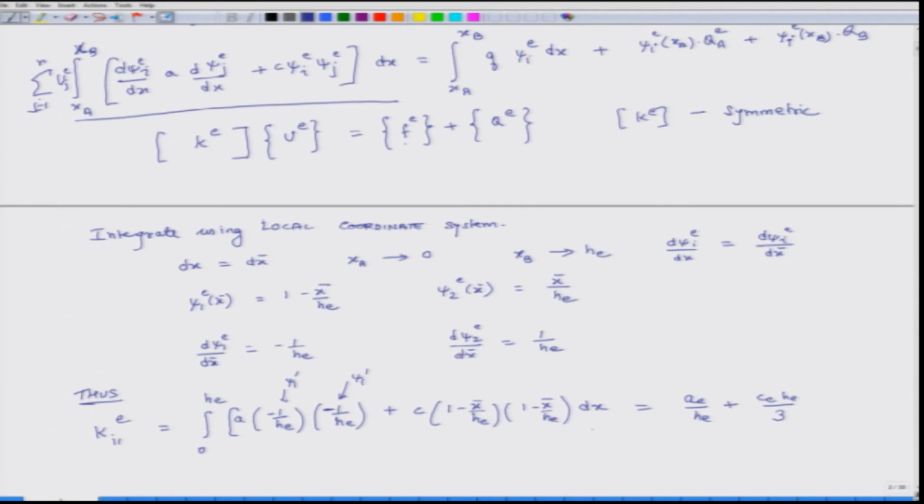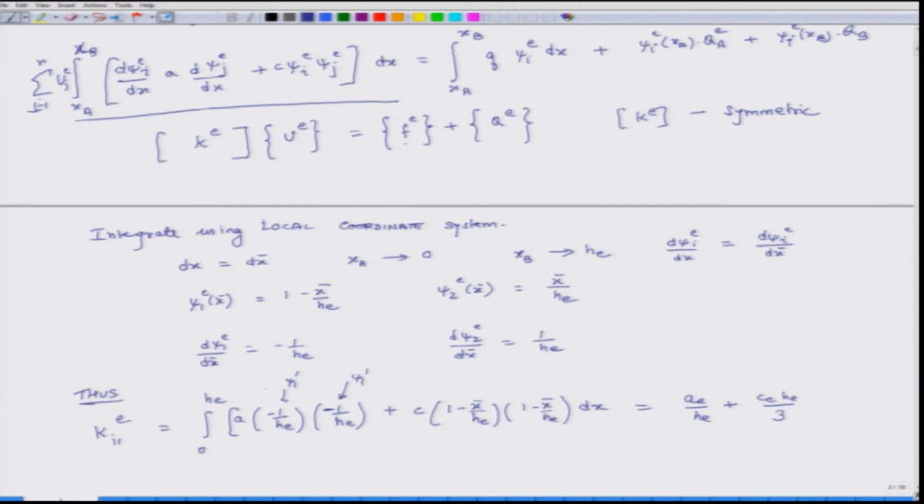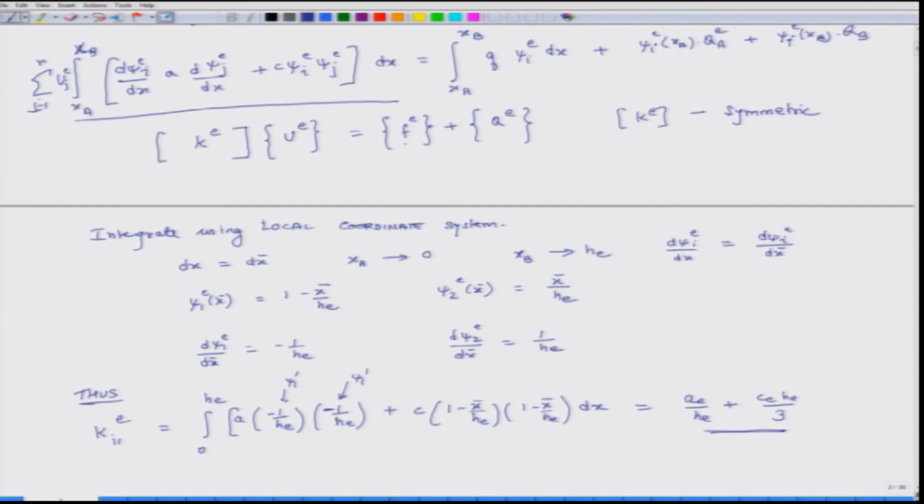The only thing here, when we are doing the integration, is that we are assuming a is constant over the length of the element, but in the next element it could be a different number. I do not even have to make that assumption if I know how a varies as a function of x. If I know the value of a as a function of x, then I can integrate it, and this relation will become somewhat modified. But here I am assuming that a is constant on an element level basis, but between one element and another it changes. That is why I put a e and c e.